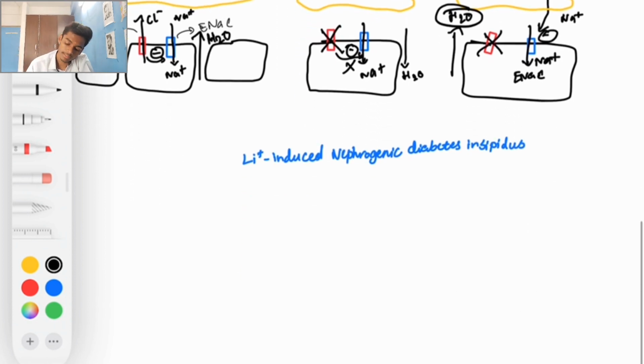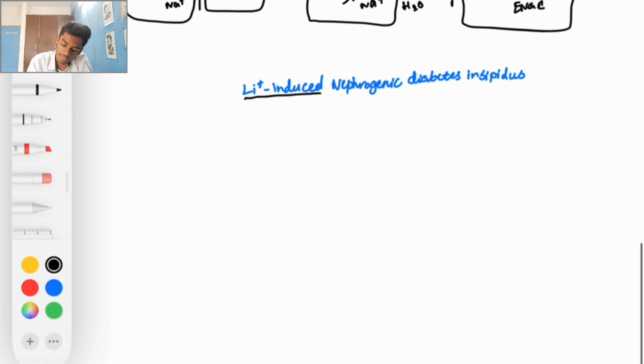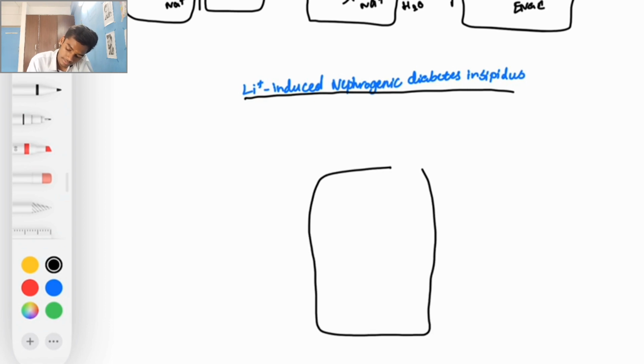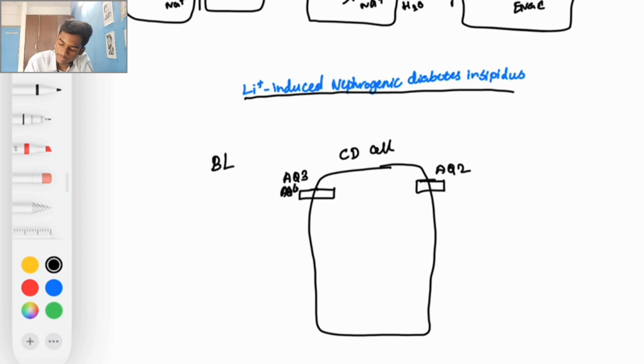Let's see how it is useful in lithium-induced nephrogenic diabetes insipidus. This is a collecting duct cell, and this is aquaporin 2, here aquaporin 3, aquaporin 4. This is basolateral, this is the apical, luminal side.